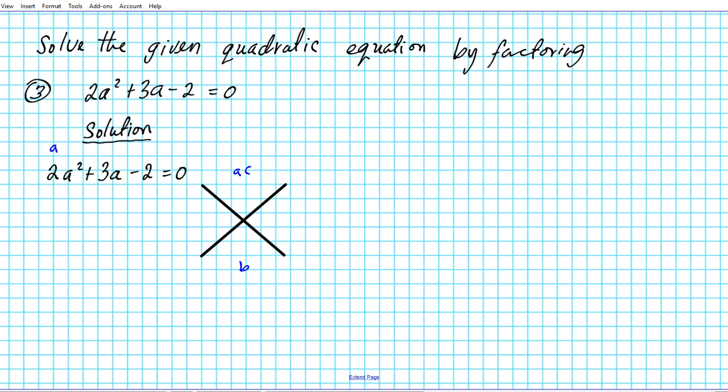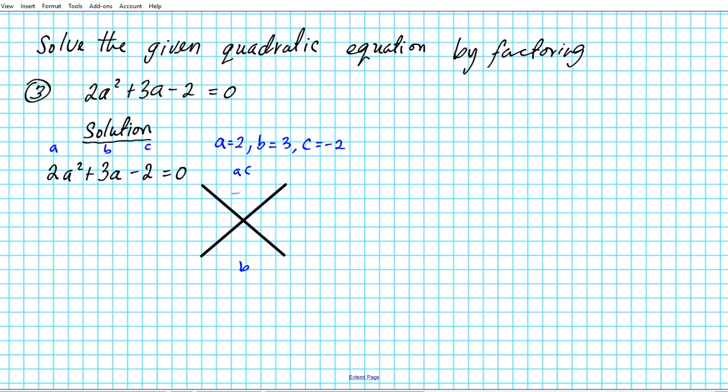A is the leading coefficient, B is the coefficient of the first degree variable, and C is the constant. So A is 2, B is 3, and C is negative 2. AC is going to be negative 4 in this case.